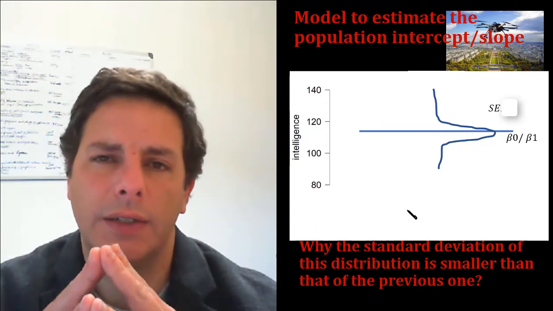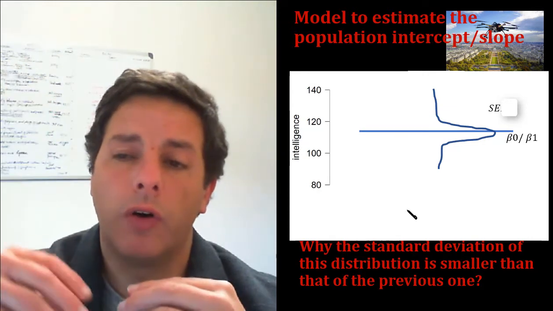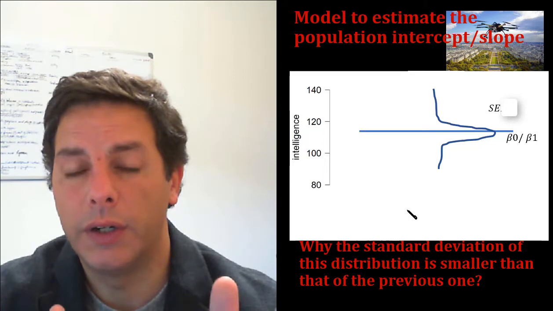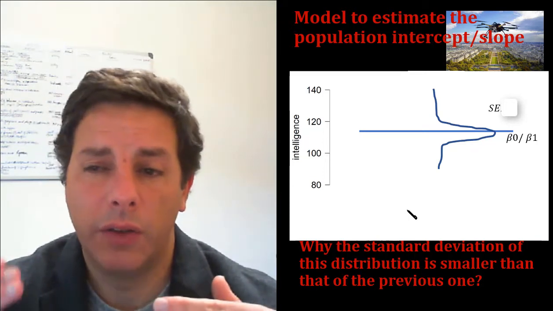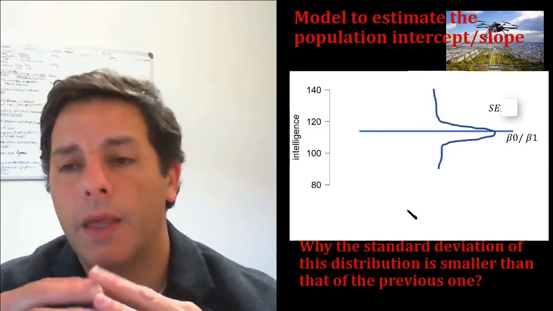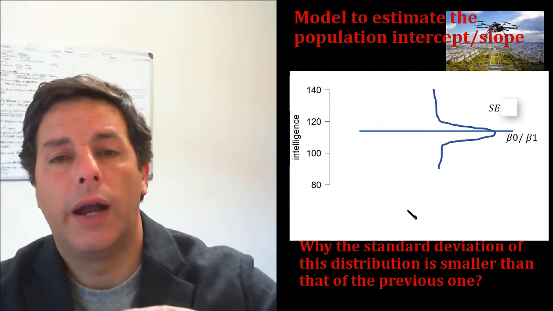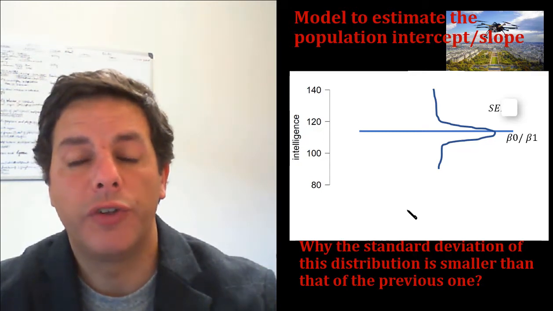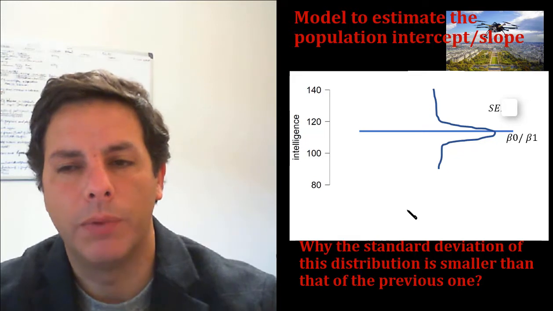But basically the idea is that in the population we've got a beta 0 and beta 1 which are similar to the ones in our sample. That's the same we did with the mean. We assume that in the population the mean is the same as the one in the sample. And then we obtain random samples of the same size as our sample, and we obtain the beta 0 and beta 1 in each of those samples.